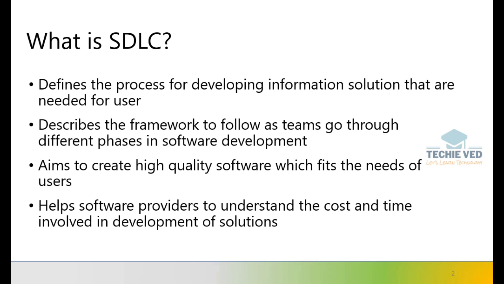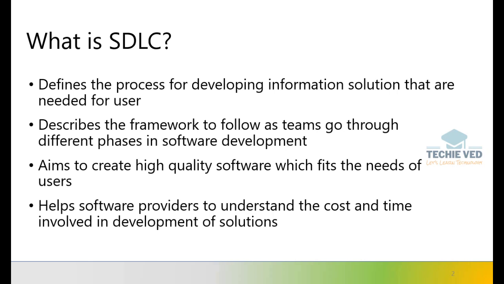We aim to create high quality software which fits the customer and takes the customer's satisfaction to the highest level. It is imperative to always keep quality in mind whenever you are developing software. All right, what does it help with? SDLC helps software service providers to talk in the lines of what the cost and time implications are for a development that they are doing.